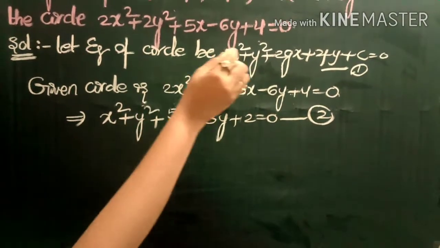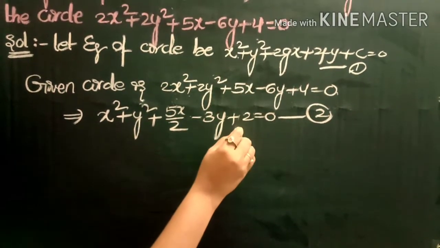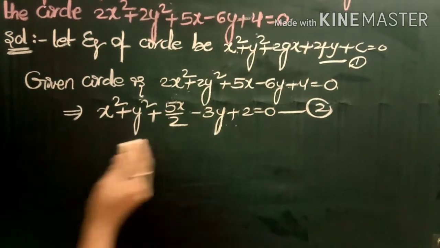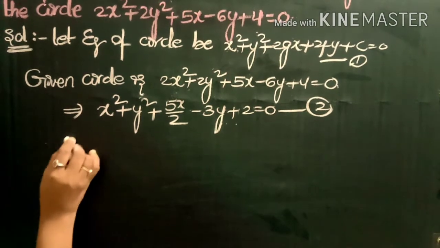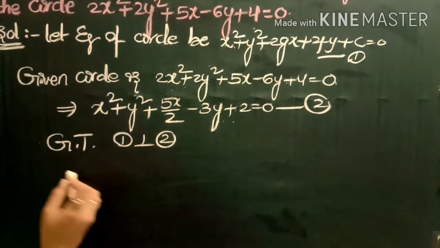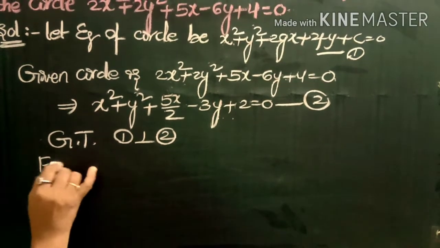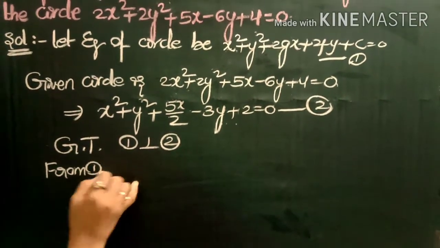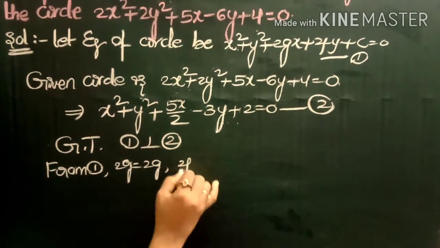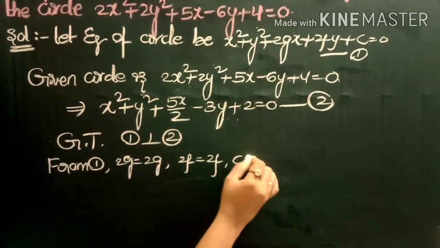Now given that the required circle is orthogonal to the given circle, so these two are orthogonal to each other, and we apply the orthogonal condition. First we are taking the values. From equation 1 we have 2g is equal to 2g, 2f is equal to 2f and c is equal to c.